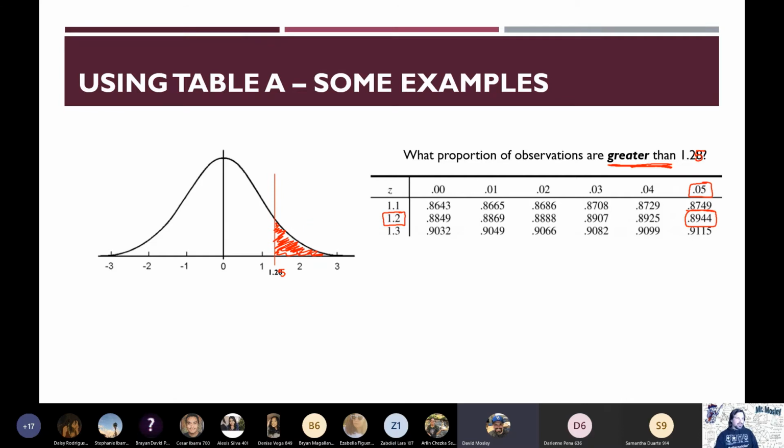So the part to the right plus the part to the left, 1. Right? So that means that the 0.8944 plus the proportion of observations greater than 1.25, which we don't know, some value, call x, needs to equal 1.